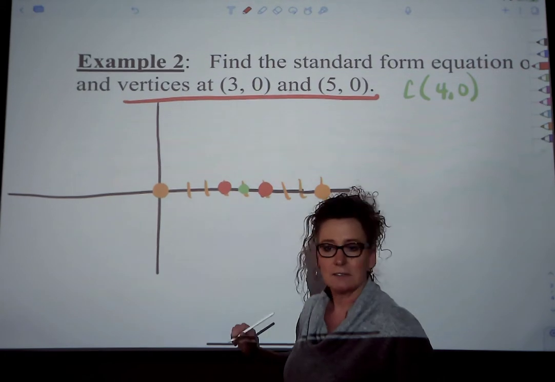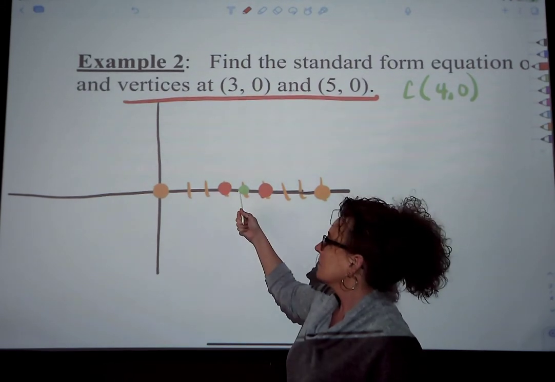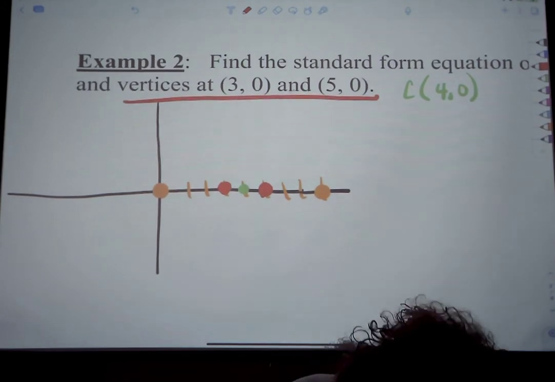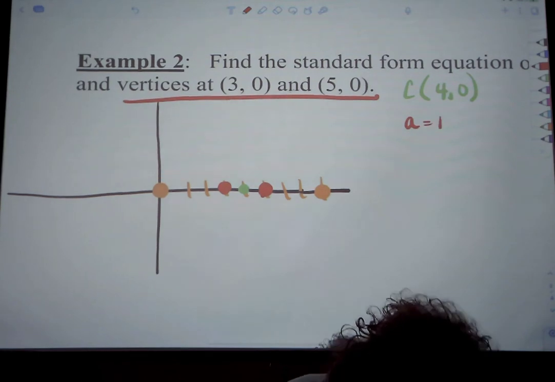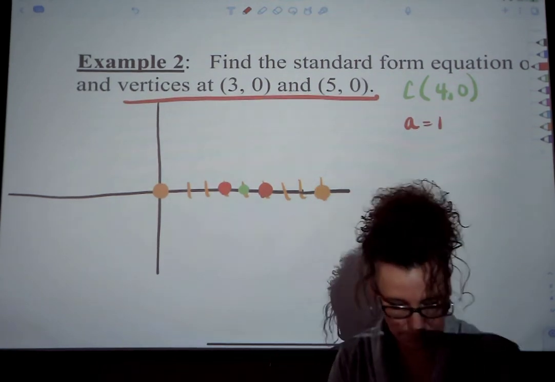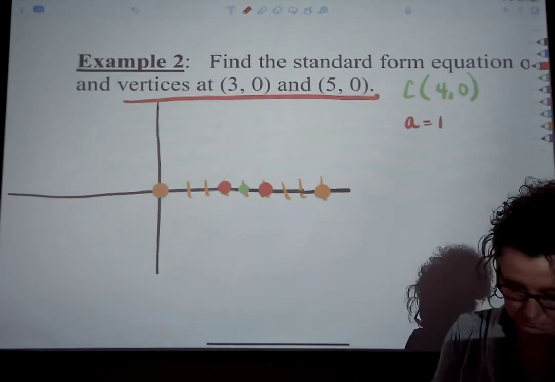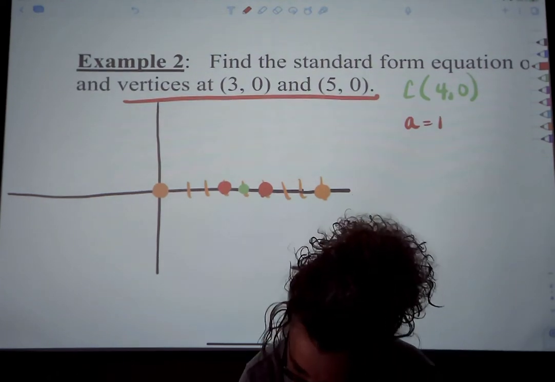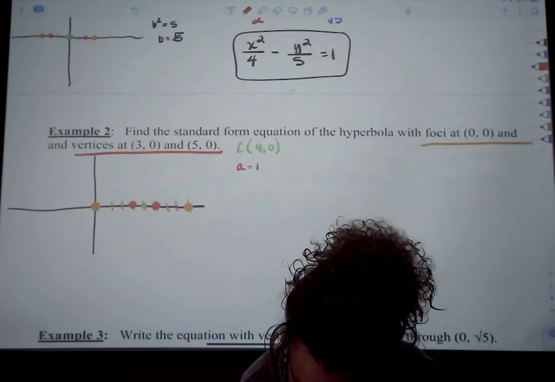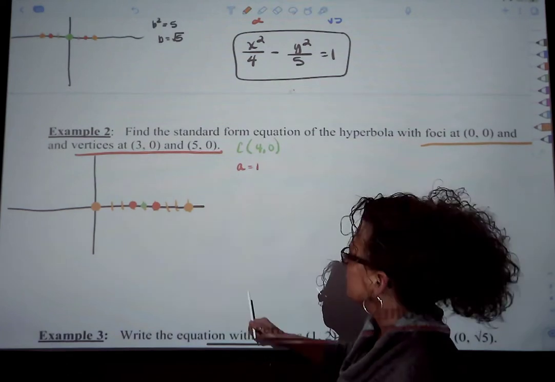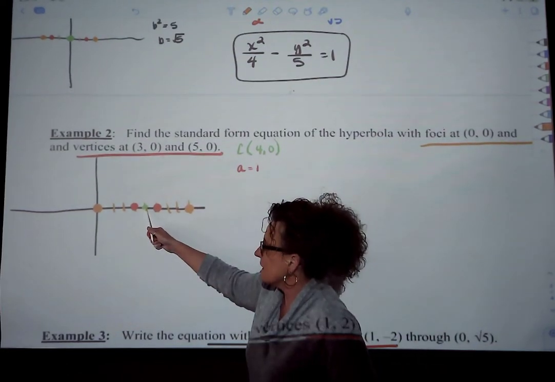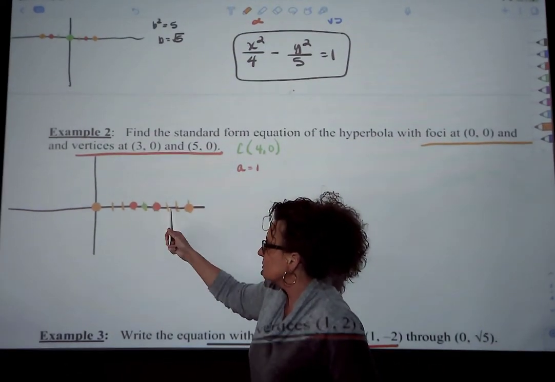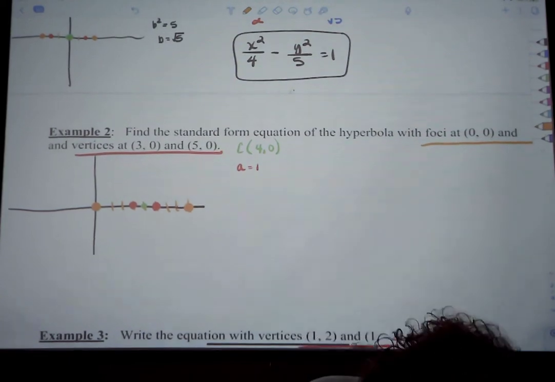So what's A? A is 1. Let's see. A is 1. B, I don't know. C, oh, I can do C. C is go from the center, either direction, go to a focus. 1, 2, 3, 4. C is 4.